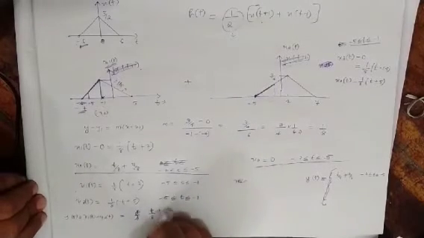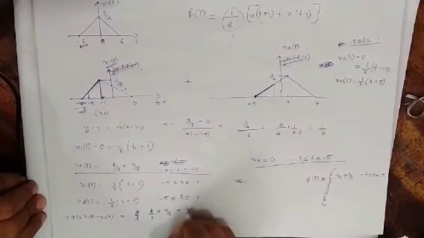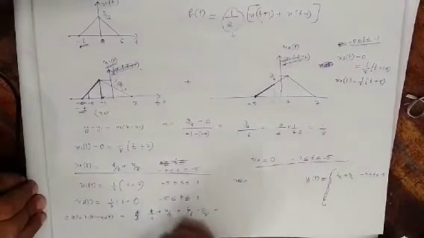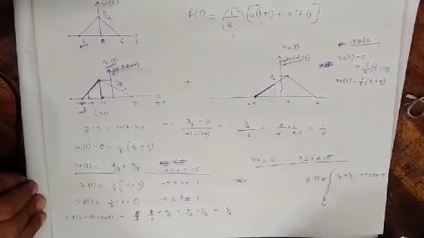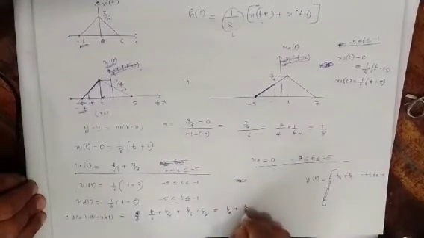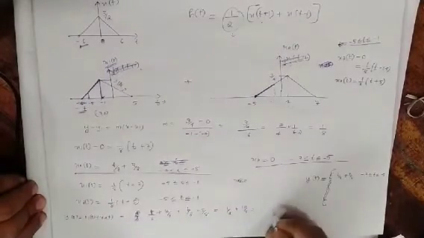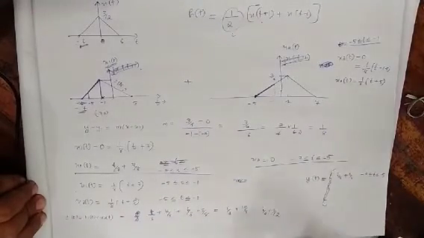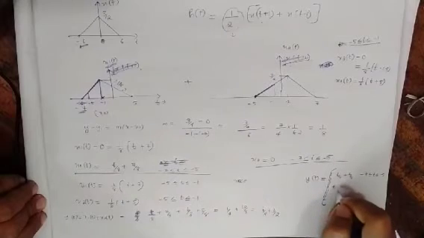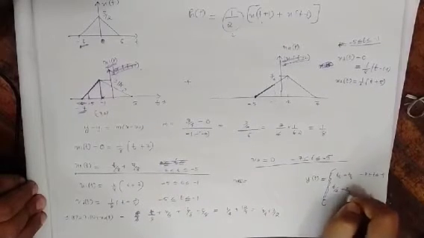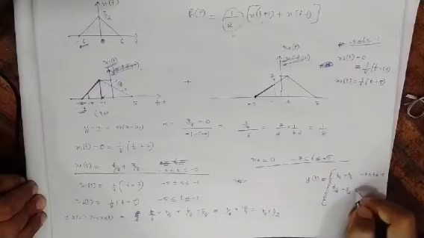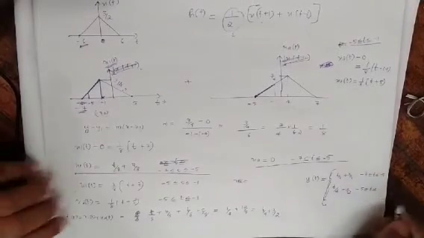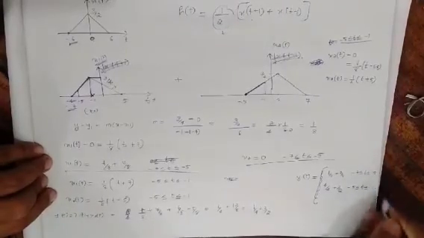T by 8 plus 7 by 8 plus t by 8 plus 5 by 8, which is equal to t by 8 plus t by 8, we will get t by 4 plus 12 divided by 8, or I can write t by 4 plus 3 by 2. So I can write it here, y of t is equal to t by 4 plus 3 by 2 for minus 5 less than or equal to t less than or equal to minus 1, right?